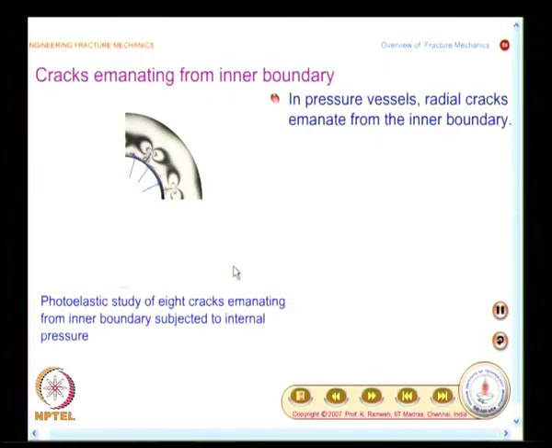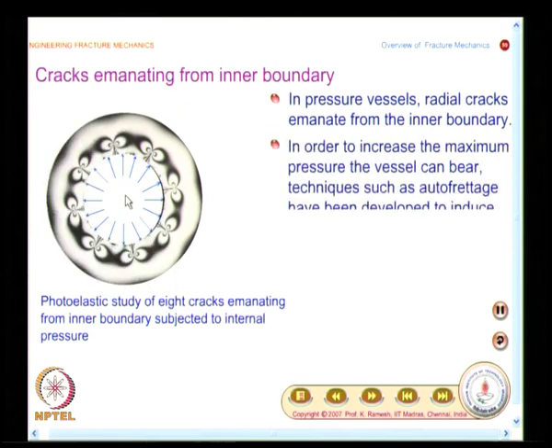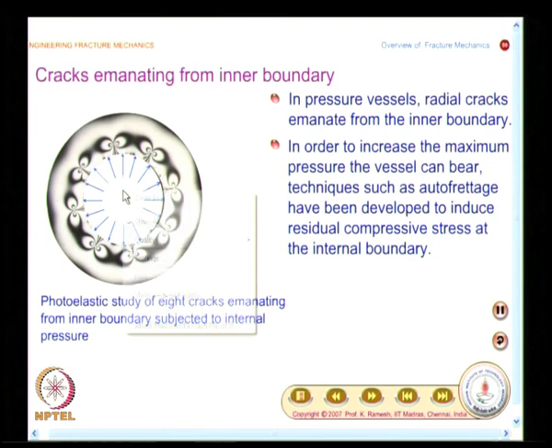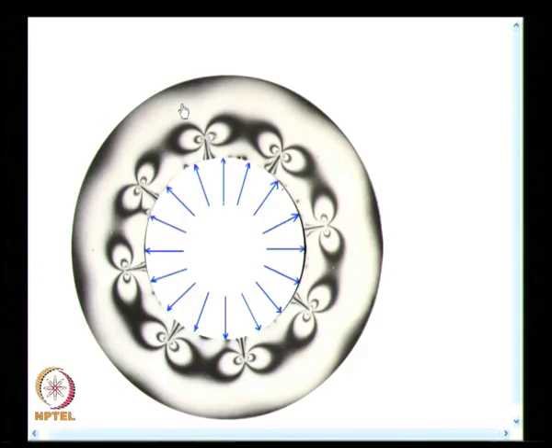You have another example where the number of cracks has increased to 8, and here again you find the fringes are very nice. In fact, it is a very difficult experiment. You observe symmetry in an experiment; symmetry will be lost even if there is some small deviation. You should congratulate my student who had taken the trouble of making all these beautiful radial cracks.